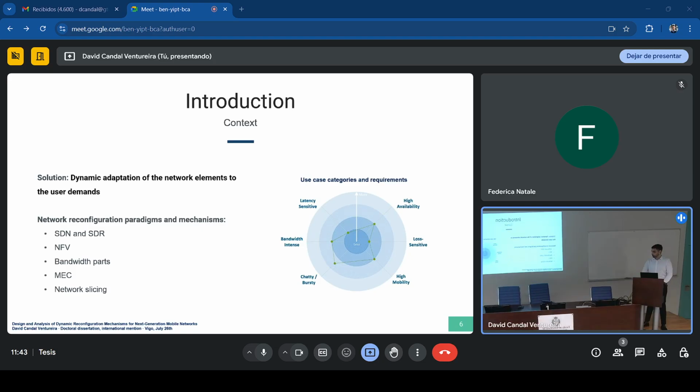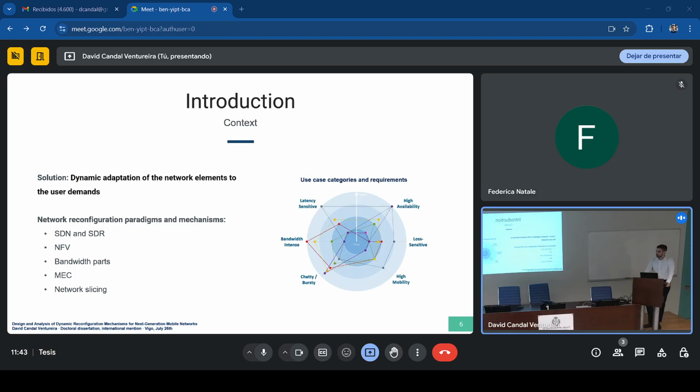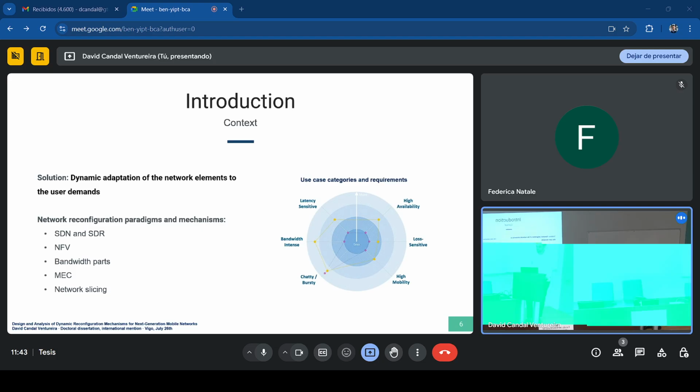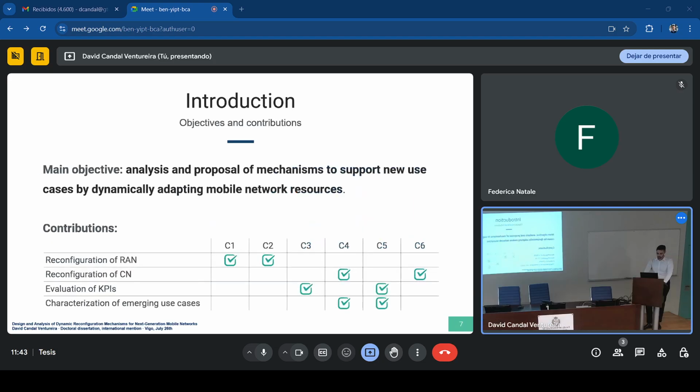Several paradigms and technologies, some of them are listed here, have been proposed and standardized to facilitate these reconfigurations. But due to their novelty and the scarcity of experimental equipment, there are currently limited studies analyzing how effectively these technologies can help to meet the requirements of emerging use cases.